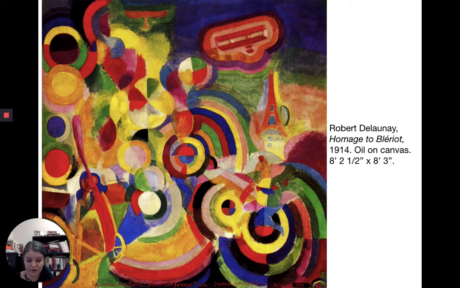So they experiment together, they have a studio together, and they experiment with color and with cubism and decide that the best solution to representing modern life was to build on cubism, but enrich its approach to representation with both color harmonies and color dissonances to add that expressive color quality to the work.